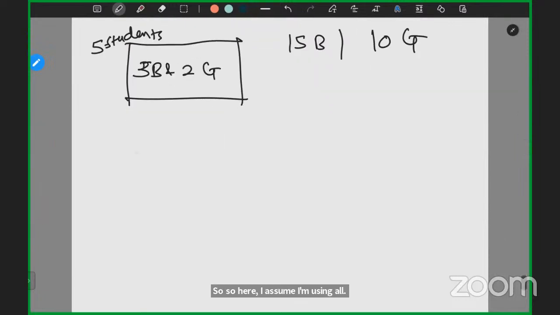But what could be a different one? I'm choosing three boys, and no, I'm not seeing it, but you can say this is actually happening simultaneously. Yes.